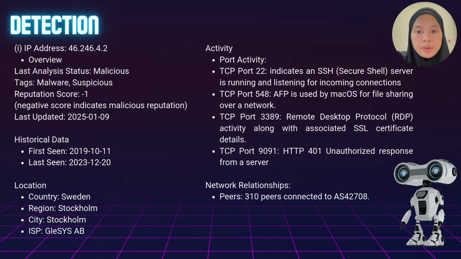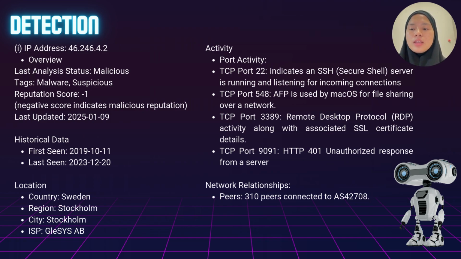This IP address is located in Sweden, the ISP is GLESYS AB, and the region is Stockholm. For activity, it has 4 TCP ports: port 22, port 548, port 3389, and also port 9091.